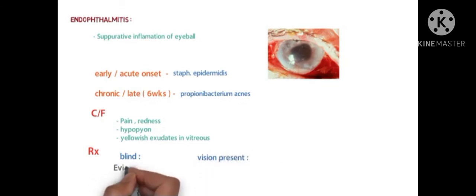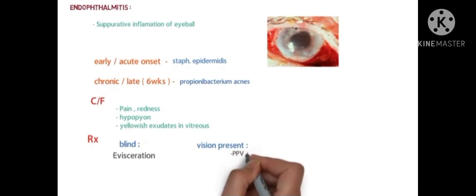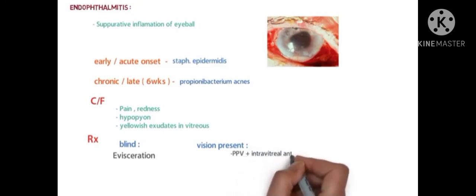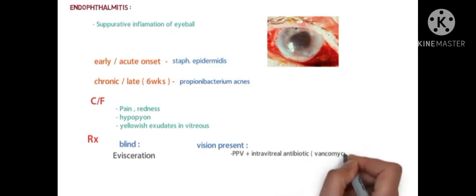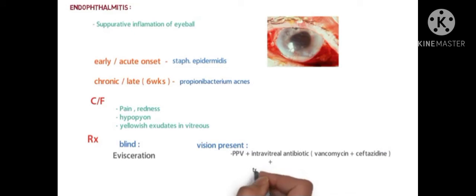In a blind person, we can do evisceration, that is removal of everything in the eye except the sclera. When vision is present, we do pars plana vitrectomy plus intravitreal antibiotics like vancomycin and ceftazidime, and after that we give topical antibiotics. So this is about endophthalmitis.